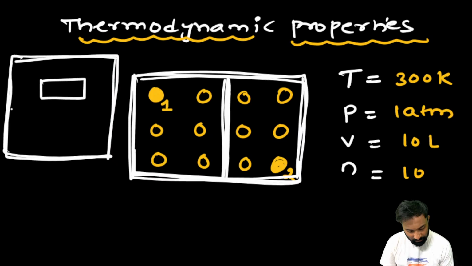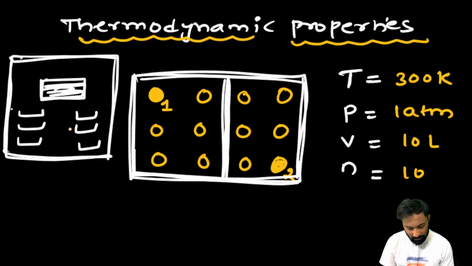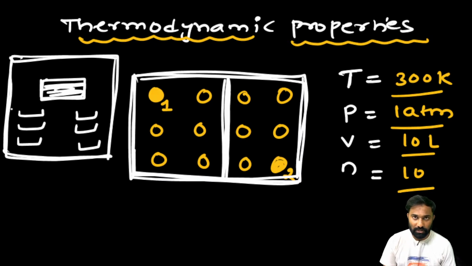Now the classroom has been closed. This is our blackboard. Clear? This is our benches. Done? Now in our classroom, temperature is 300 Kelvin, pressure is 1 atm, the volume of our classroom is 10 liters, and the number of moles of the gases present in our classroom is 10.